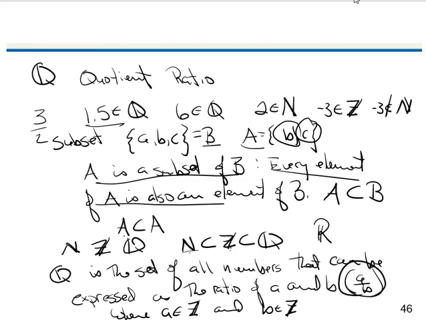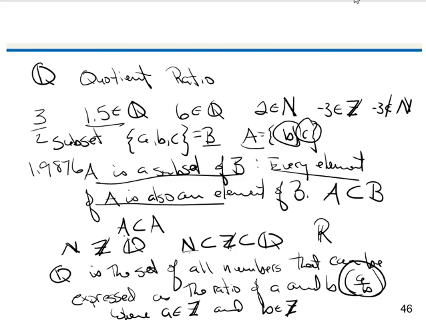Like, how about, well, I can't even think of any numbers. Let's say 1.9876. Well, can that be expressed as a ratio of two integers? Sure, right? You just multiply this by 10,000, I guess.